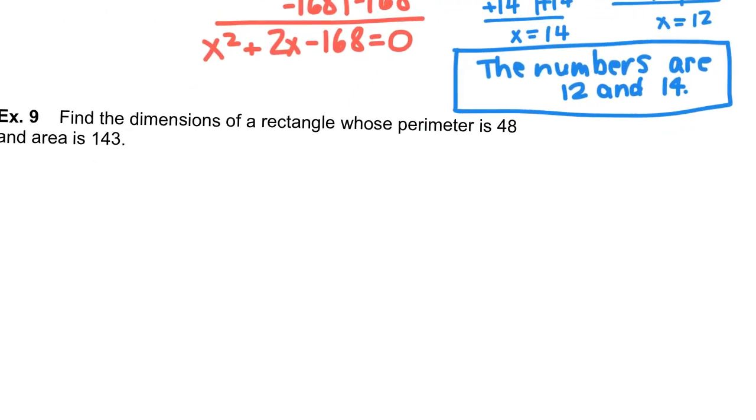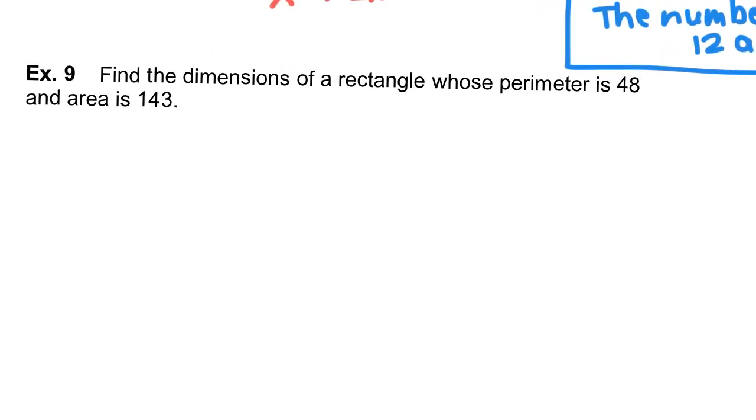Example 9. Find the dimensions of a rectangle whose perimeter is 48 and whose area is 143. So let's review perimeter. To find perimeter, we would have 2 times the length plus 2 times the width.